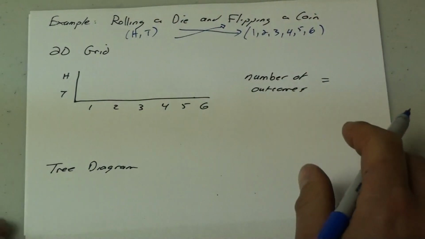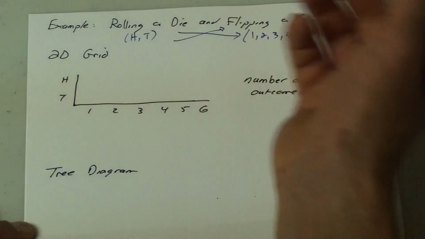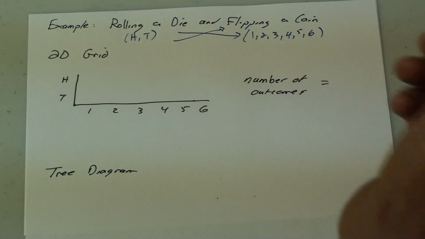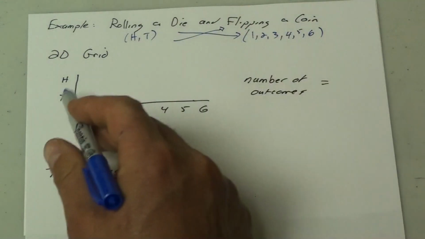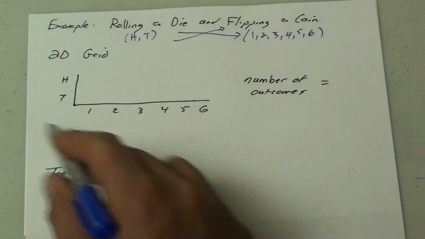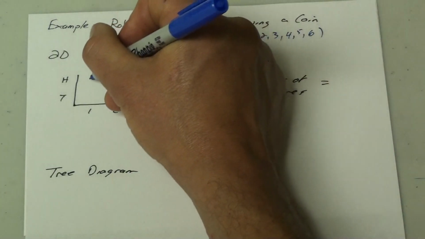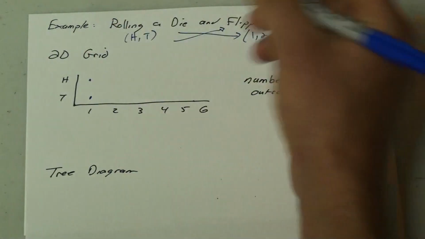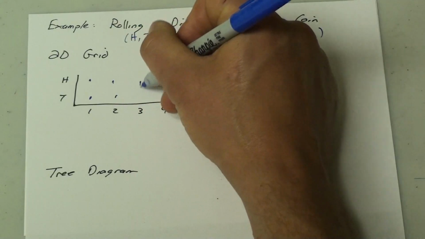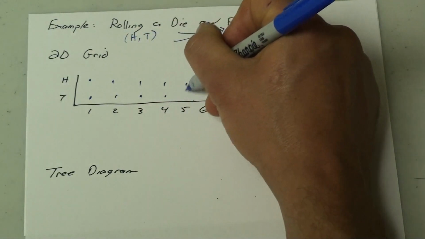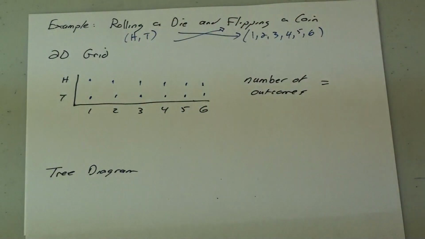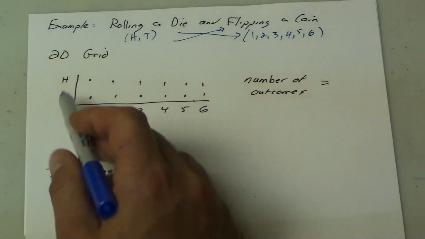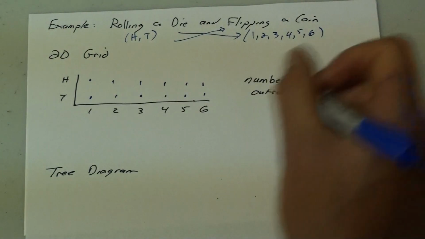So when I go to do my two-dimensional grid, I have heads and tails and 1, 2, 3, 4, 5, 6 on the table like this, and I put a dot for each combination. Each dot represents a total possible outcome. So I end up having 12 different possible outcomes.